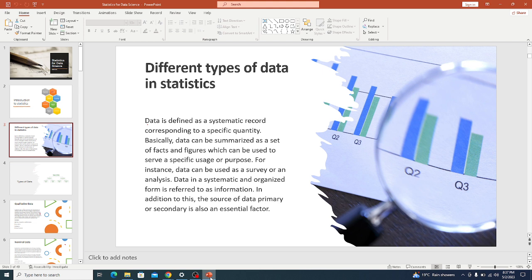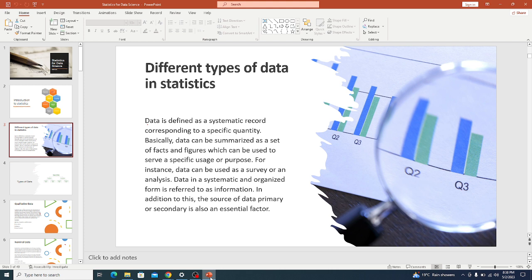For instance, data can be used in a survey or an analysis. For example, we can obtain data from a survey, either online or physical, where you go to the field to collect the data.